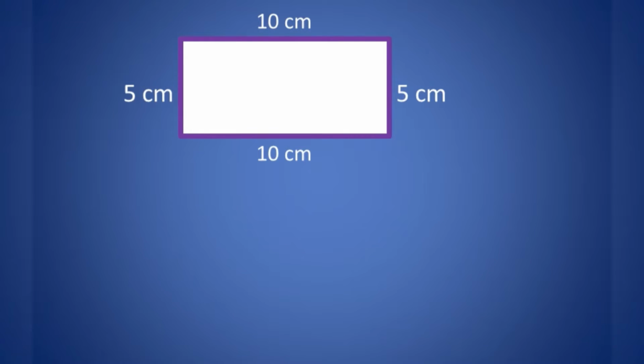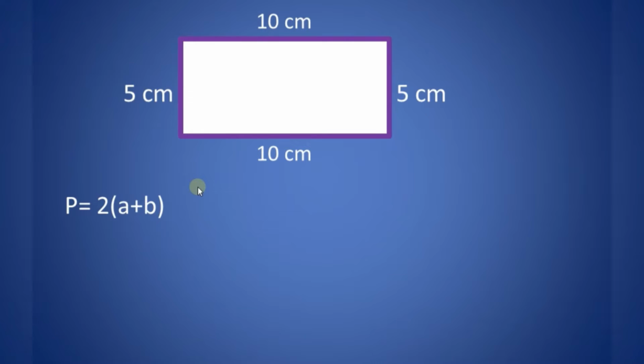We can also find the perimeter using an equation. So the P, which stands for perimeter, is equal to 2 bracket A plus B close bracket. So the A is the length and the B is the width.